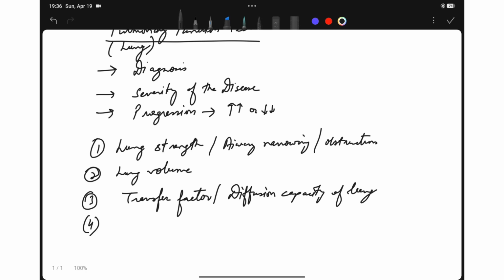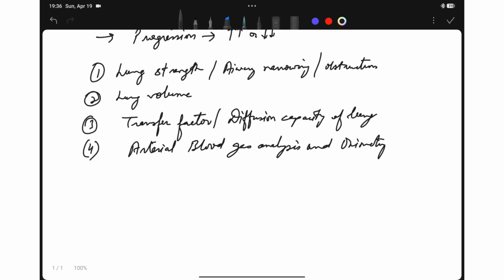The fourth thing we measure is the arterial blood gas analysis and oximetry, which you all are aware of, as we have done mostly during the COVID times.